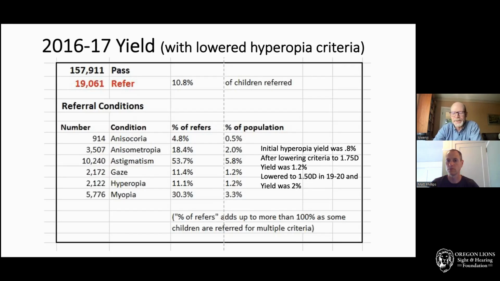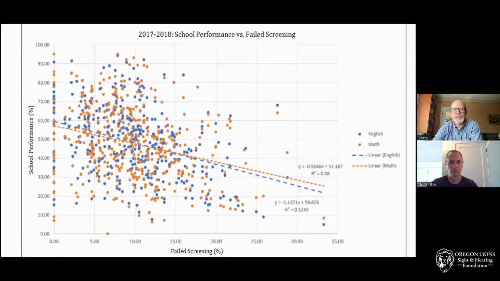We could probably go down to 1.25 or a diopter even and still not increase the false positives too much. And once I show you the other data, I think it might be worth it to have more false positives so we capture every little kid with farsighted with hyperopia that we can, because that's where we were, and now we're at 2%.